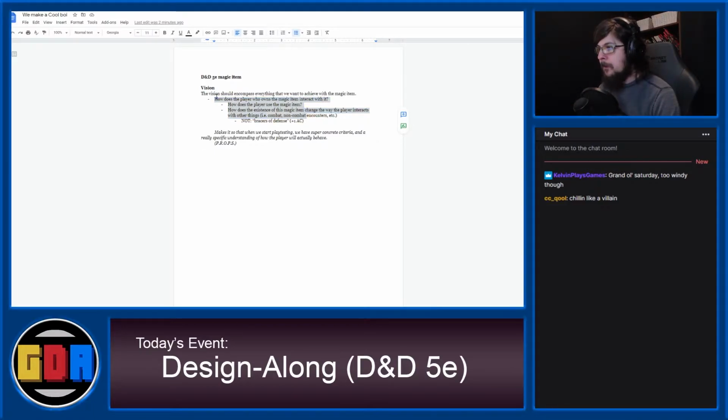Right. So, that having been said, how do you guys want to do this? What kind of magic item do you want to make? This is basically step one. We're going to start brainstorming. Because remember, these criteria are not criteria that we have to start following immediately.